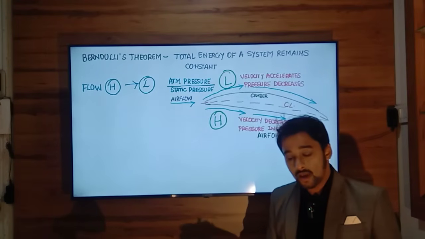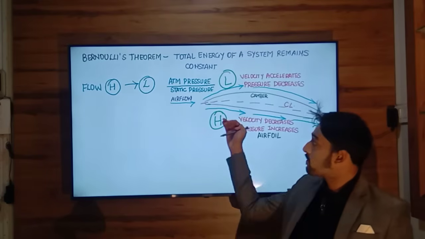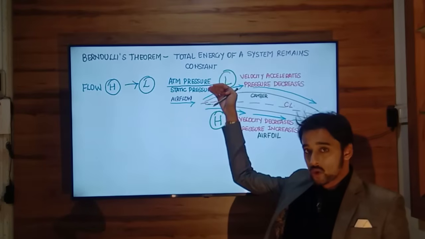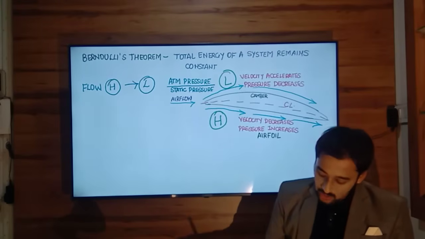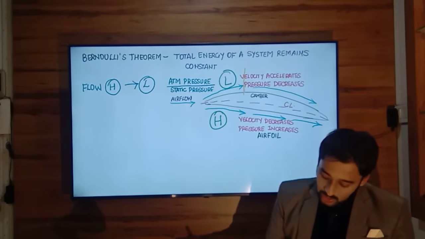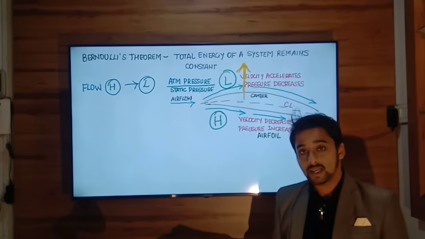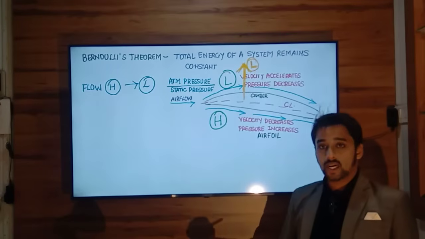Now next thing, we have low pressure on the top, high pressure below. Flow is always from high to low. So due to lower pressure existing on the top wing surface, this wing will be pulled in the upward direction, towards the direction of low pressure, and as a result lift is generated.